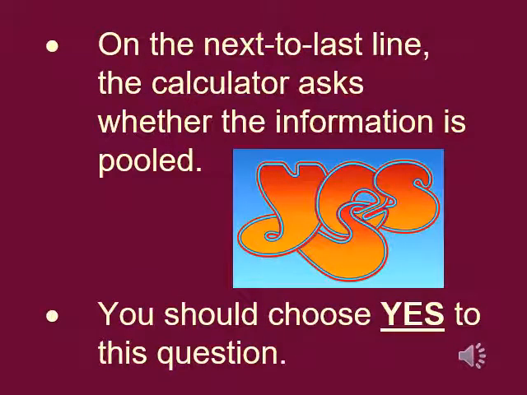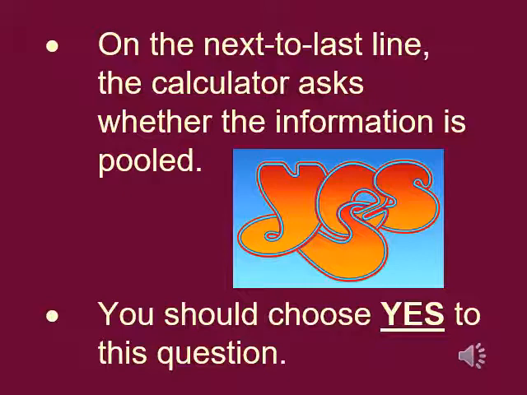If you hit your down arrow, you'll notice a couple of other questions that are down below all of the variables you have to enter. One of those is going to ask you whether the information is pooled.